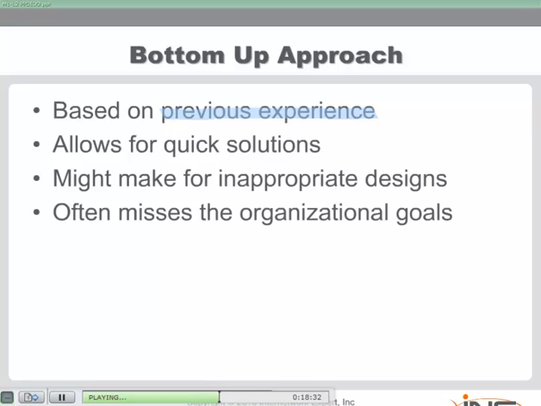It allows for quick solutions based upon previous experiences, and this is the way in which we can have inappropriate designs as the end result. Oftentimes, the bottom-up approach will be implemented quickly, it will work, but it will miss some of the key organizational goals that we would have wanted to implement.